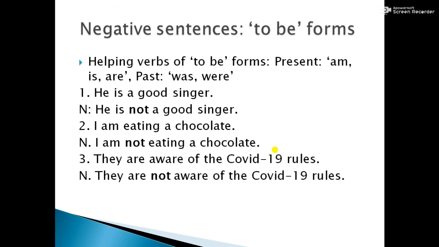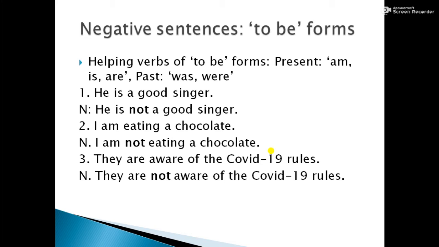Now let's see these sentences which have helping verbs of to be forms. Let's see how to convert positive sentences with to be forms of helping verbs into negative sentences.